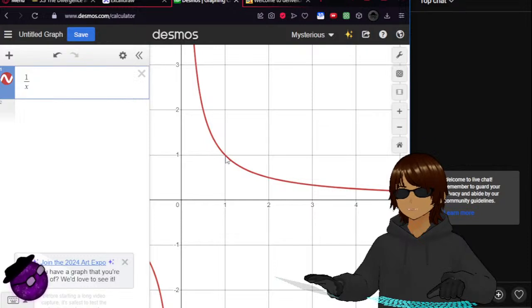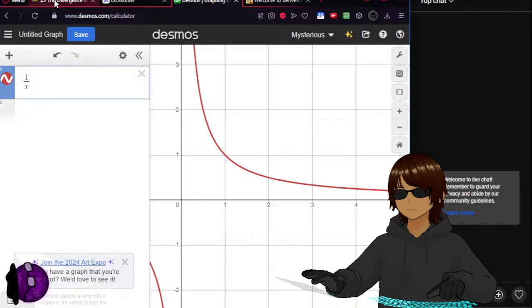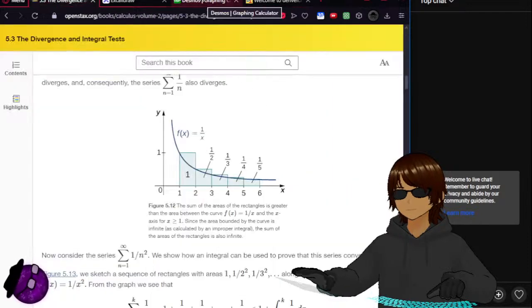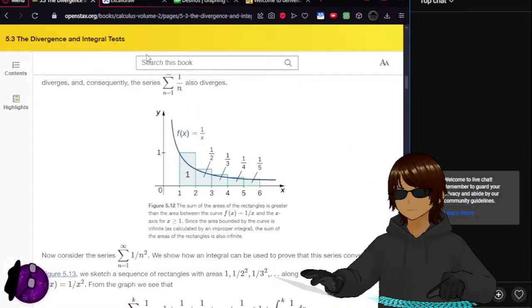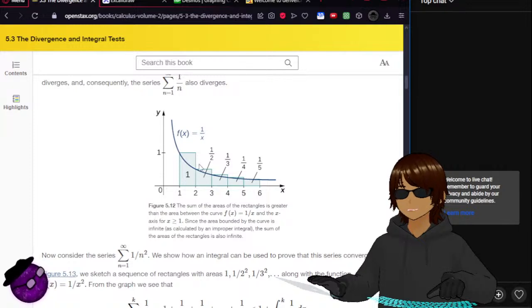So this area is 1, this area is 1 times half.